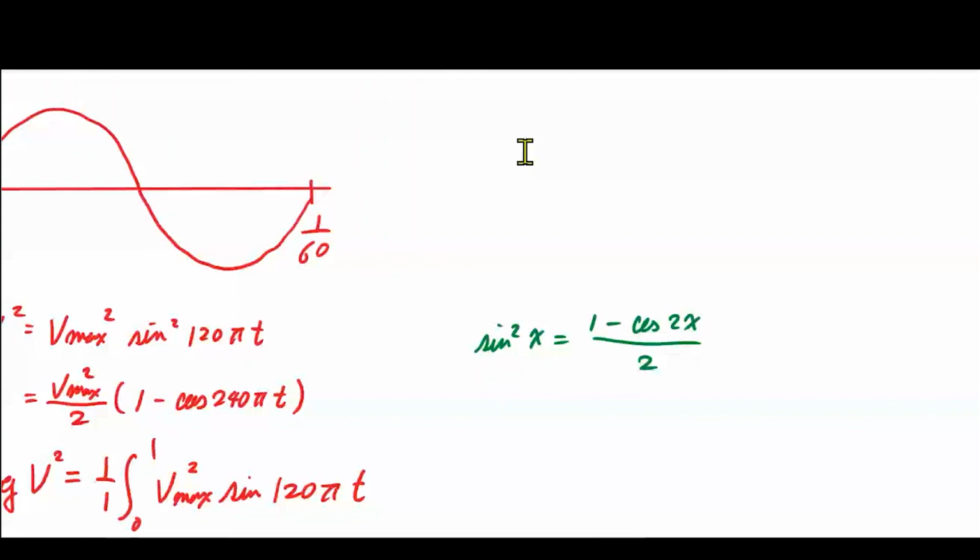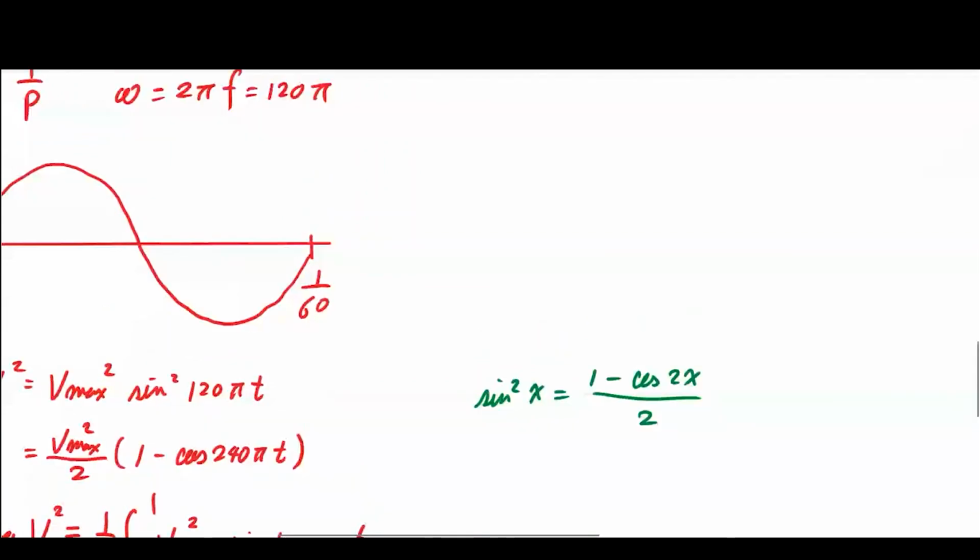Some time ago, in the identity tests, cosine 2x was 1 minus 2 sine squared x, right? And then if you solve for this, then you get this, right? Actually, I'm going to put it right next to each other. And there's another one that is also almost as good.